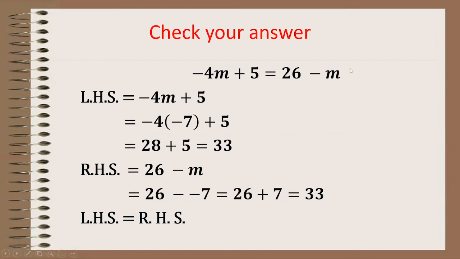Now the right-hand side, 26 minus m, is 26 minus minus 7. So I get 26 plus 7, which is 33. We can see that the left-hand side and the right-hand side are equal. So this means that my answer is correct.